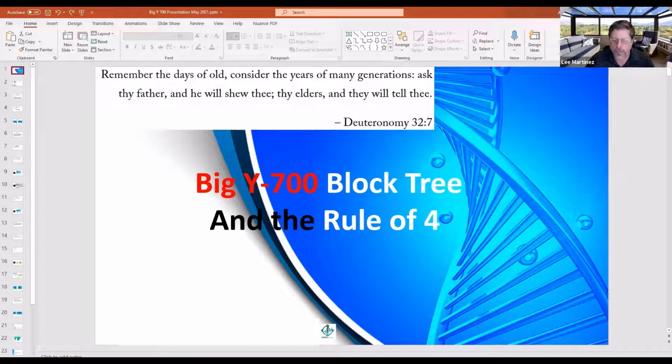FTDNA has its database, right? But it's only for FTDNA. FTDNA is not the only place that you can get Y-DNA testing. There are other tests out there. YFull is like a consortium that gathers DNA tests from other places, and then that way you can compare yourself to a larger group.